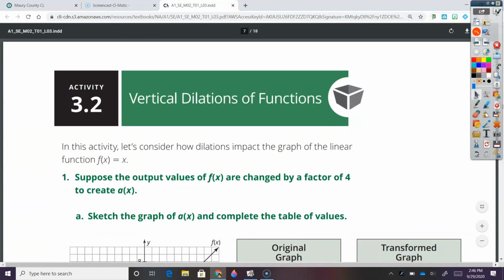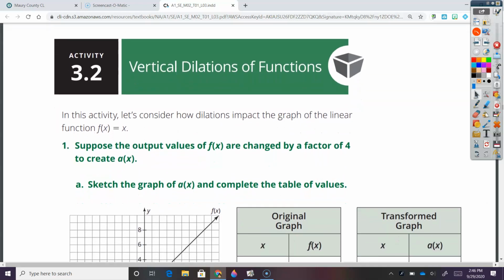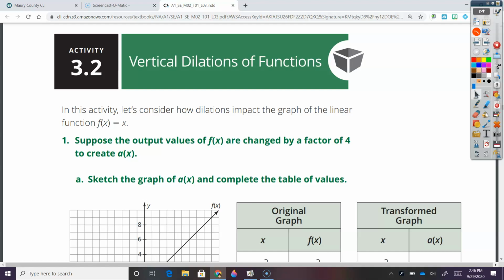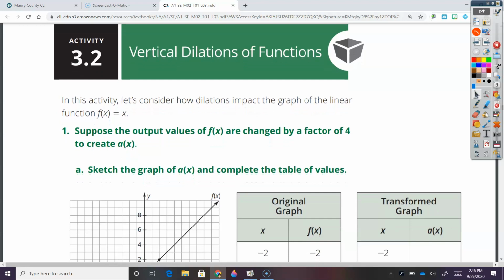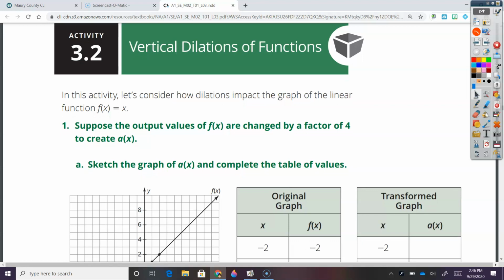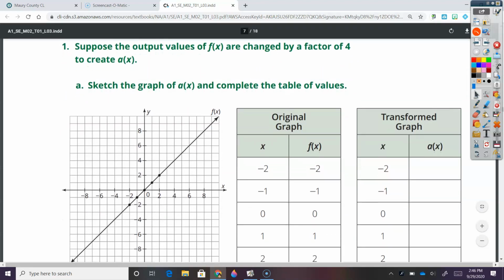Activity 3.2, vertical dilations of functions. In this activity, let's consider how dilations impact the graph of the linear function f of x equals x. Suppose the output values of f of x are changed by a factor of 4 to create a of x. Sketch the graph of a of x to complete the table of values.